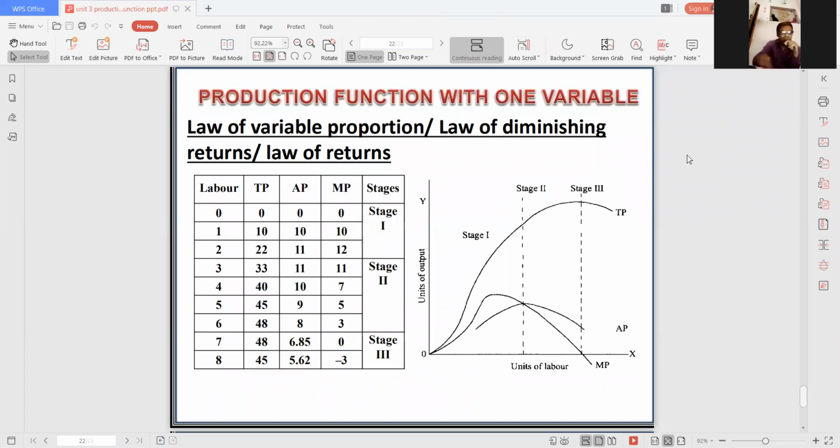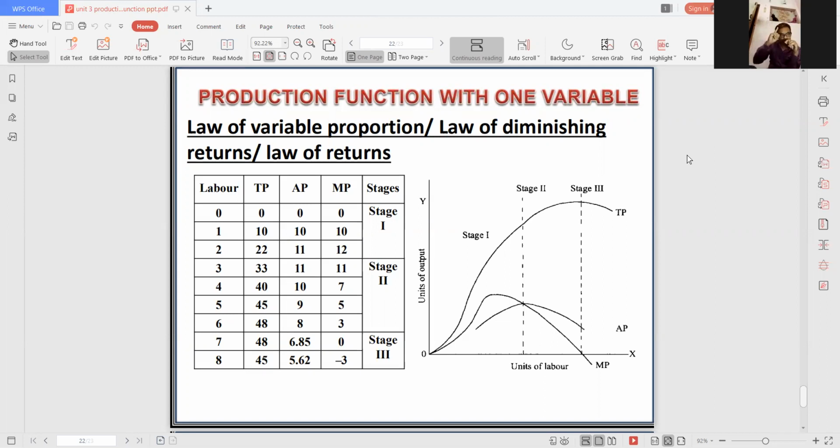Look at the marginal production line graph, the slope. Sixth, 48 by 6 equals 8, and 48 minus 45 equals 3, again decreasing. Seventh, 48 by 7, 6.85, and marginal production 48 minus 48, 0.